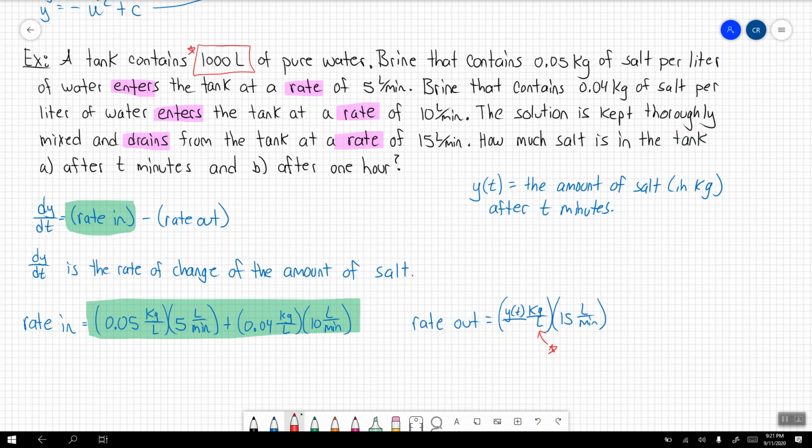Which means my amount of salt in kilograms will need to be divided by 1,000, because we have 1,000 liters of pure water within that tank. So this is all of my rate out that I am observing. Great.